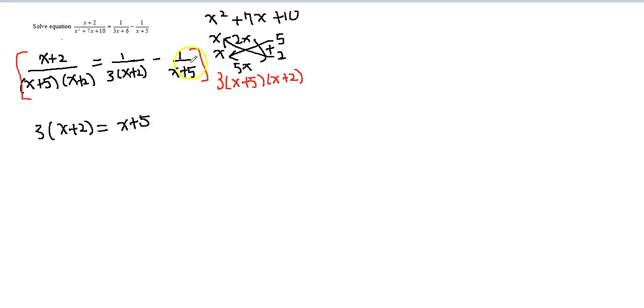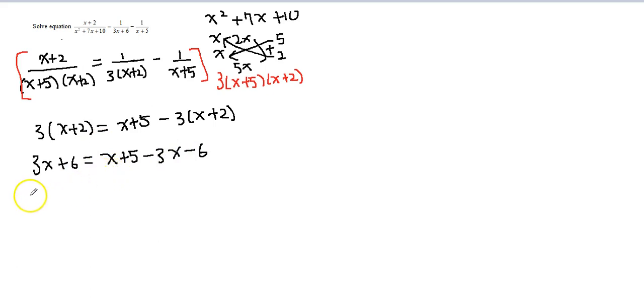The last term, x plus 5 cancels out, giving us 3 times x plus 2, but you have to be careful, we got minus in the front. Let's expand. You got 3x plus 6 equals x plus 5 minus 3x minus 6.